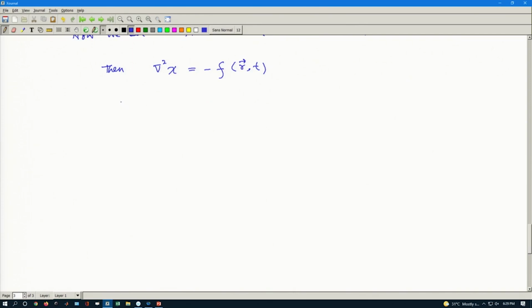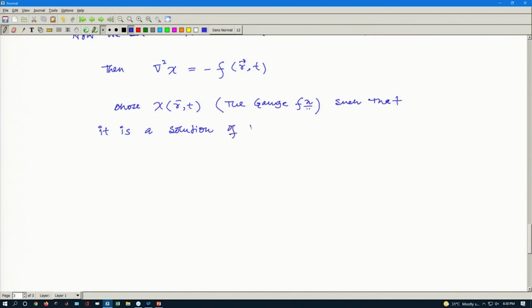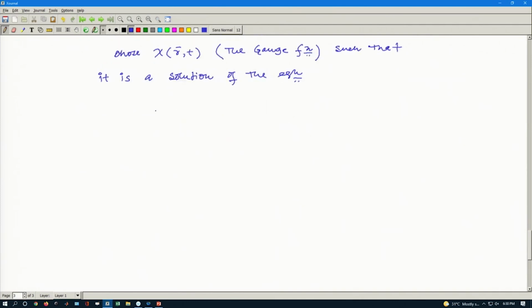So we can choose my scalar field chi, which we call the gauge function, such that it is a solution of the equation, this equation.